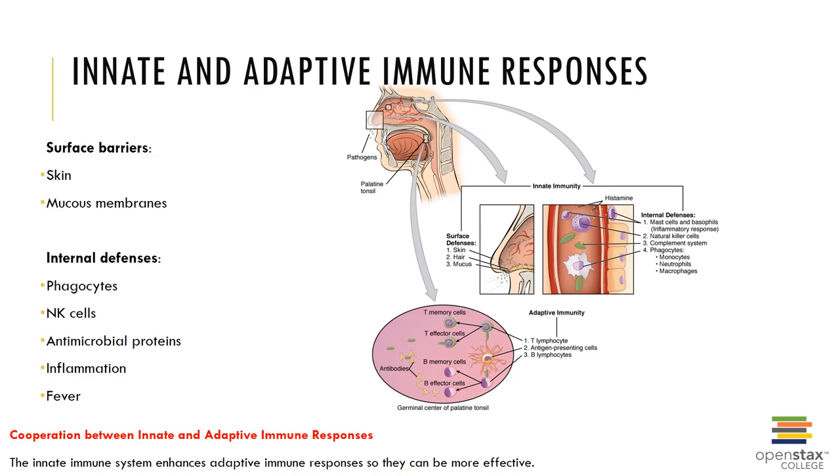We first have a physical barrier, which keeps hazardous organisms and materials outside the body. The skin comprises our integumentary system, which provides the major physical barrier to the external environment.